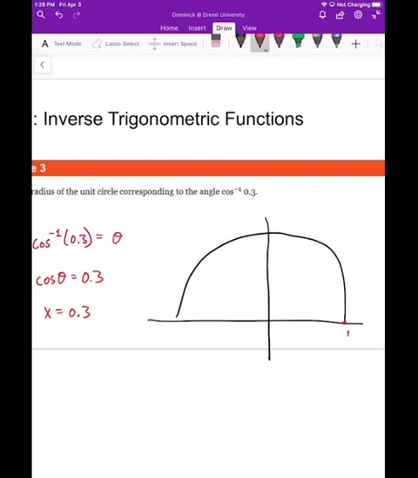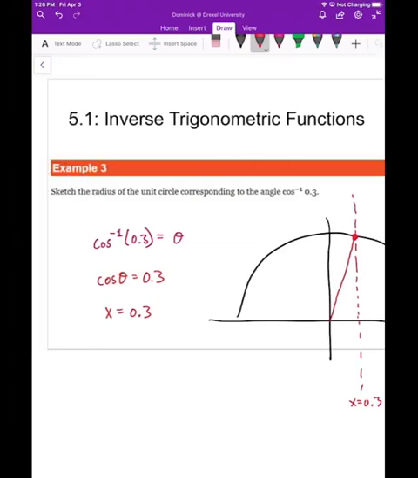Well, if this is x equals 1, then 0.3 should be somewhere right about here. So that means that this is the radius that corresponds to the inverse cosine of 0.3. All right, this is x equals 0.3.